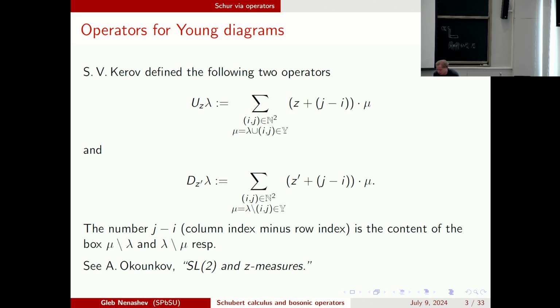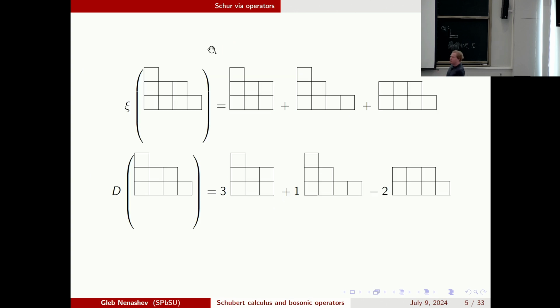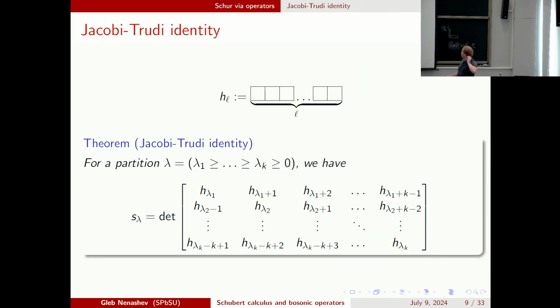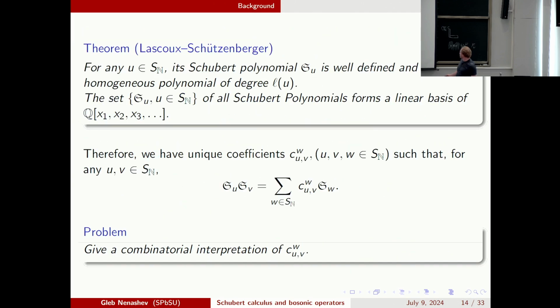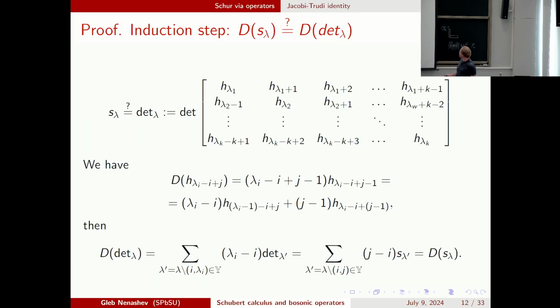So it's just when I started work. At first I defined operator C, later found operator D in the literature for Schubert, and later found this for Schur functions. So my motivation is not related to Schur functions at all, but it was natural. When I started with C, I understood this property.